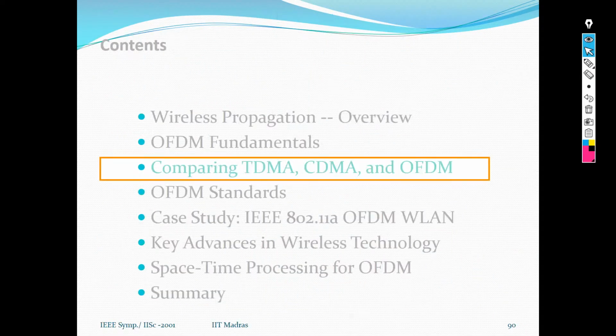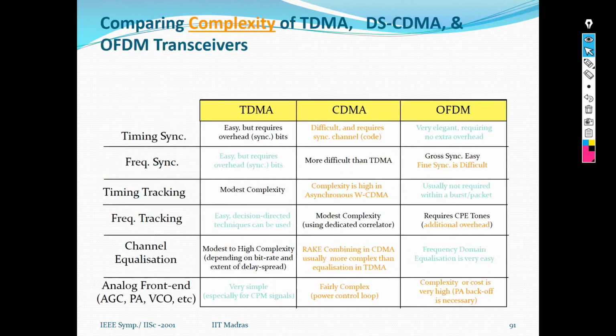And then we gave an overview comparison between the three main modulation schemes that were used in the previous generations and why OFDM was chosen as the dominant and successor waveform to be used in 4G and 5G.